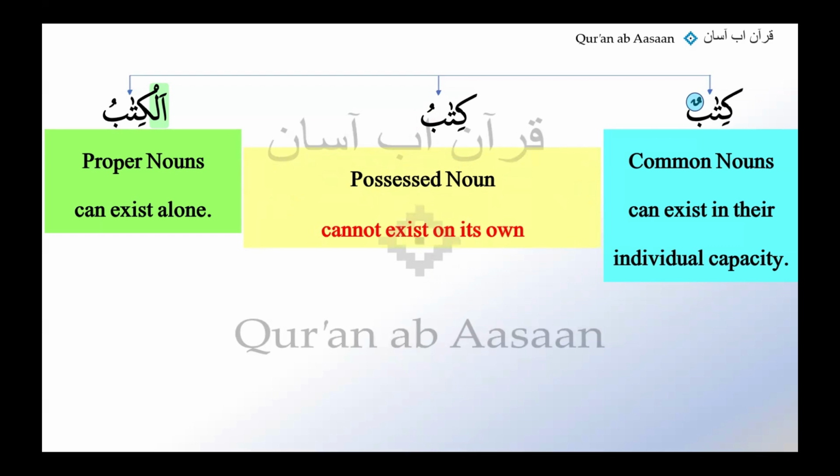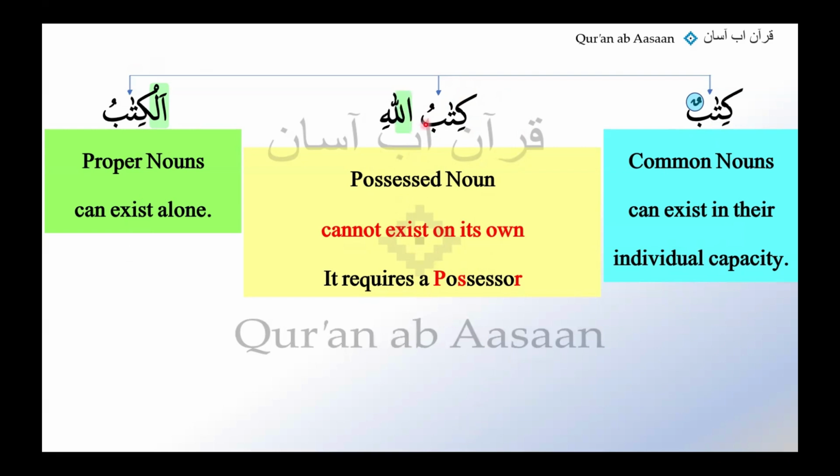It requires a possessor. It cannot exist around like kitabun, which can exist on its own. Al kitabu can exist on its own, but this kitabu, with no al and being possessed, cannot exist on its own. It would require a possessor following it, like this.